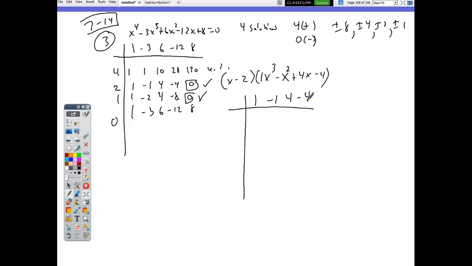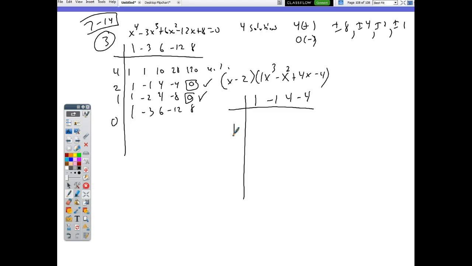What am I going to guess as my first guess that I know has to be a factor? I already pulled the 2 out, so I'm guessing 2 is not a factor. What's the other one that I know has to be a factor? Oh, front row's got it. 1, right? Because I already found 1 worked. So I'm going to try 1.